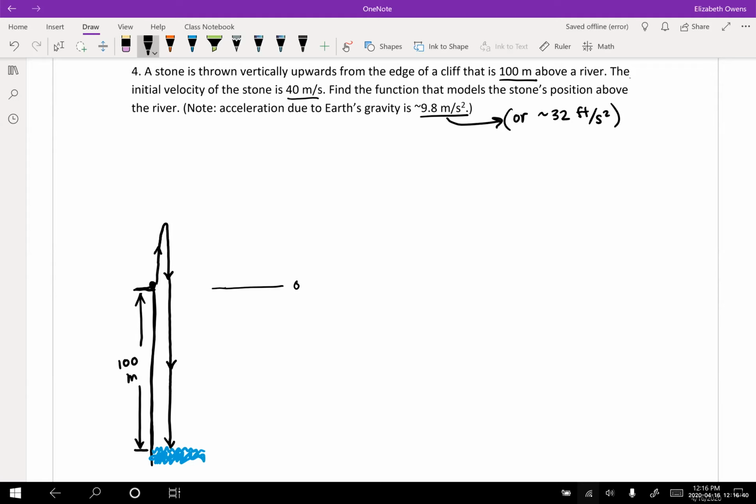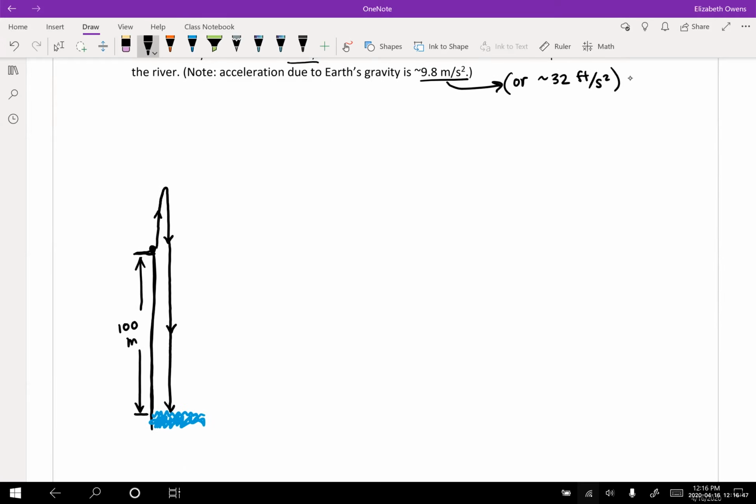But personally, I prefer to set the surface of the river as 0. So this is a 0 position, s equals 0. And so we'd be starting up at positive 100. So positive direction this way and negative direction this way. That just makes a little more sense to me.